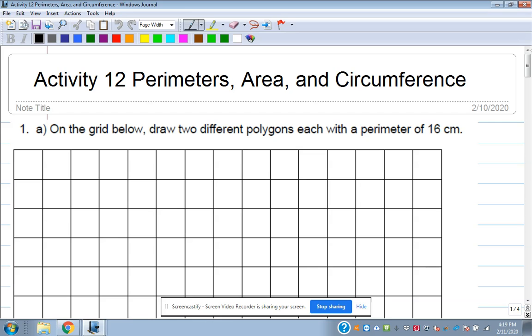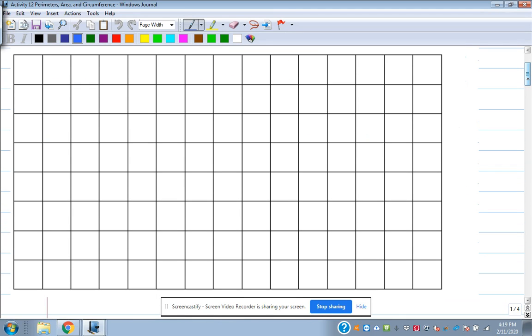Okay, let's take a stab at this. I'm going to draw the easiest one, a 4 by 4 square.